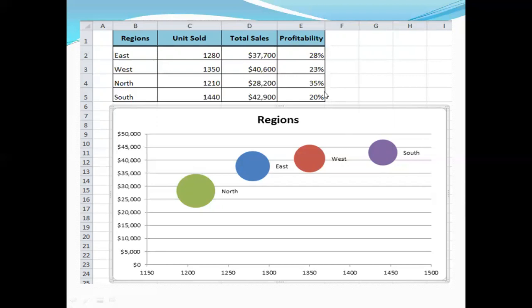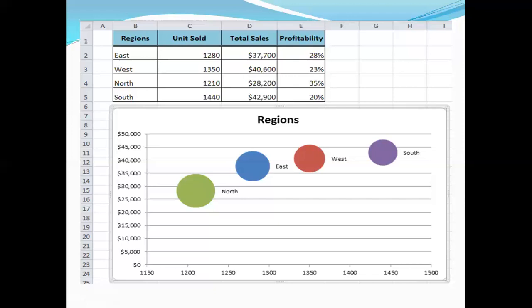Sorry, south profitability is 20, so the south bubble is the smallest one. So it is a different kind of chart you have to remember, where X and Y both have a numeric value, and the names east, west, north, south are given to the bubbles, and the bubbles are plotted as per the third column which is given. So you don't have this chart for your practical.